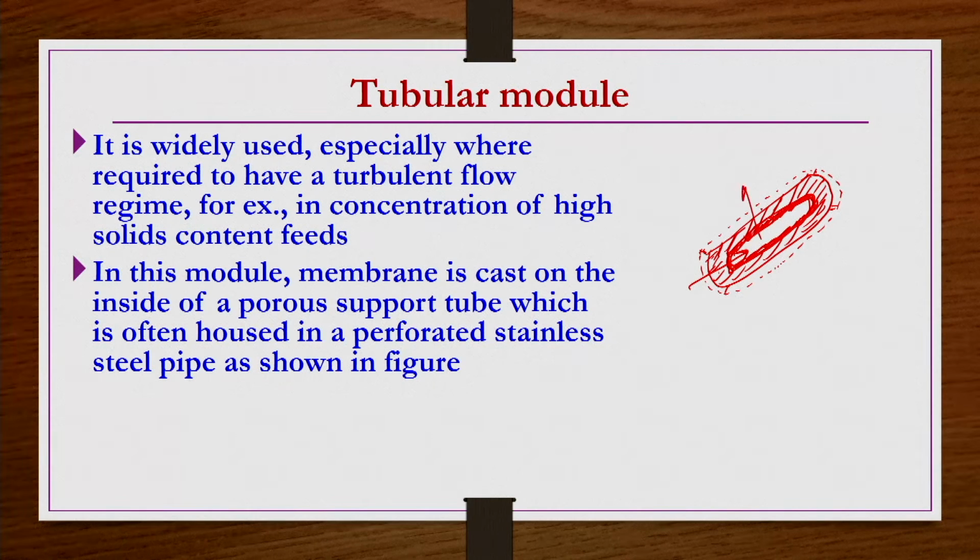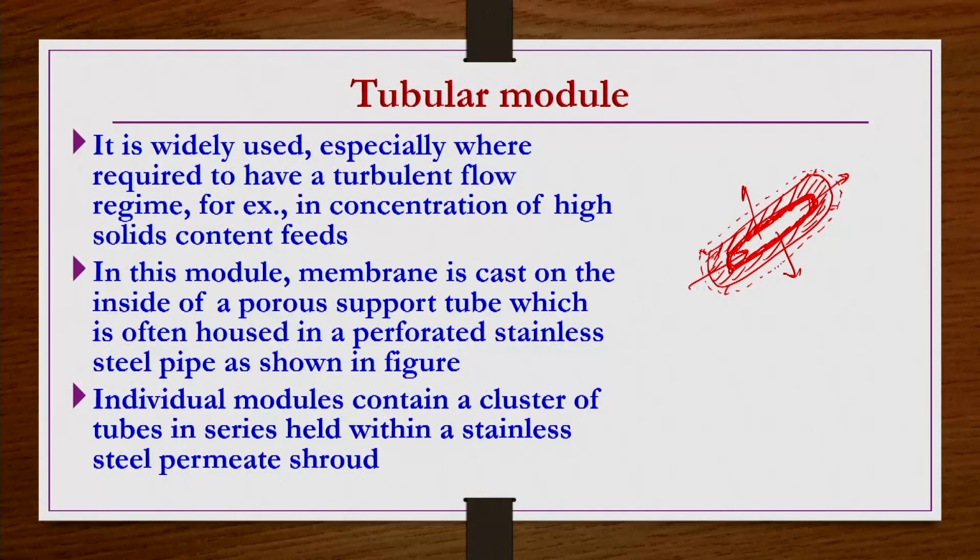So, permeate will be collected from one side and the retentate is collected from the other side like this. So, in tubular modules, such tubes, actually it is a supported tube. In the supported hollow tube, on the inner side of the tube, the membrane casting is done, and this support tube is kept in perforated steel.